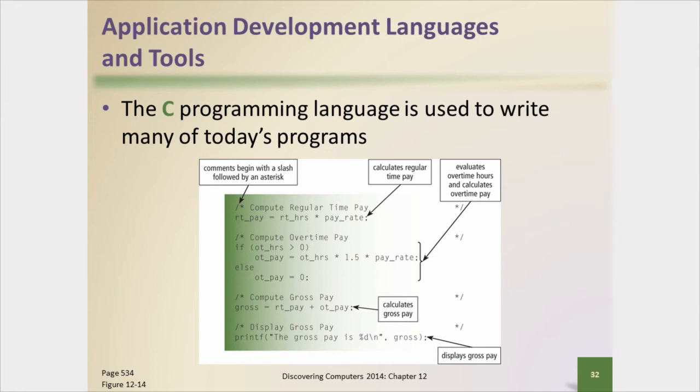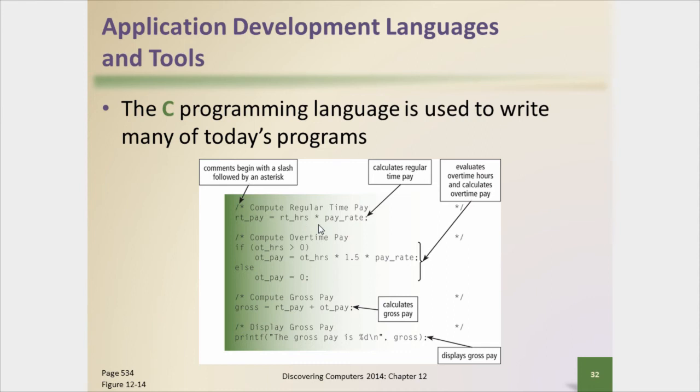And when you look at the code here, you can tell this is much more user-friendly. You can probably not understand the C programming language and still have an idea of what is going on here. For example, up here at the top, we've got comments that have been included to help the programmer communicate what the next line of code is supposed to do. So here we're doing a calculation where we've got RT_HRS times pay_rate equals RT_pay.